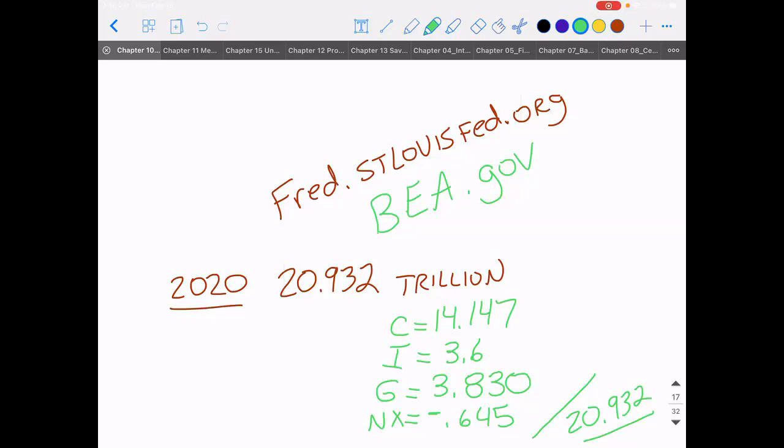So if you're curious, I can post this table as well. It's coming from the bea.gov website, and I just looked under tables for GDP and got the data that way. So this is all trillions of dollars. What's interesting about this is that the vast majority here, actually rounding it up, about 68% of the economy is all consumption.